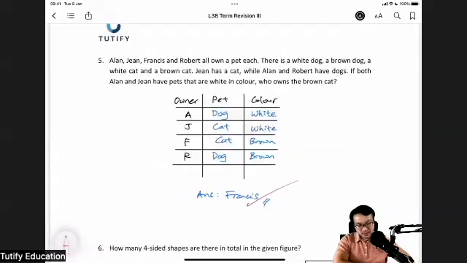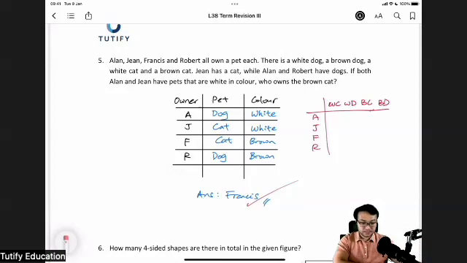Now, if you use Kate's method, what Kate did was she wrote Alan, Jean, Francis, Robert, and across the top, white cat, white dog, brown cat, brown dog. And as she read the question, she just went around making notes. For example, Alan has a white dog.